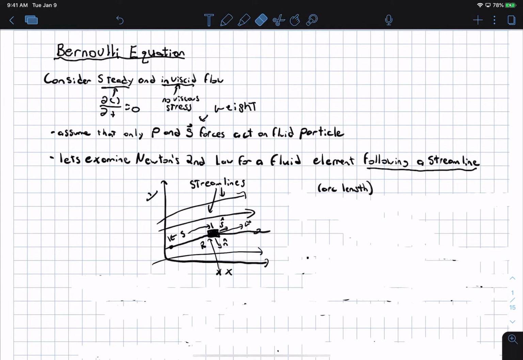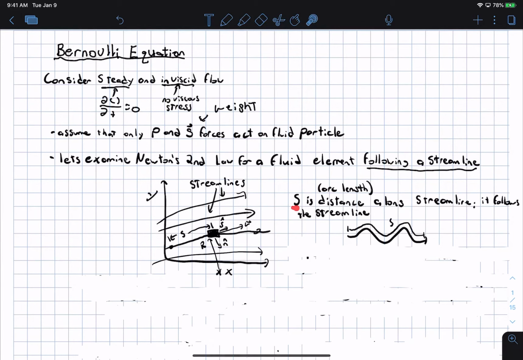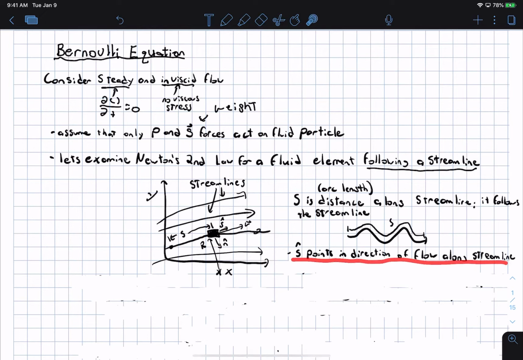Here we're going to define a few things. First, s will be the distance along the streamline, so it follows the streamline. If we have a streamline going in this direction, s is the position along the streamline, the arc following it, and s hat points in the direction of flow along the streamline.